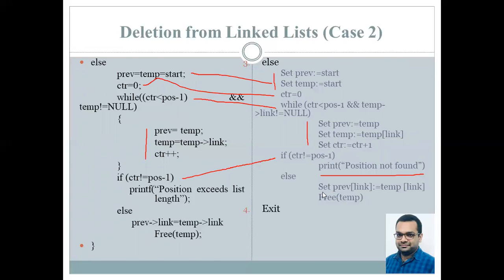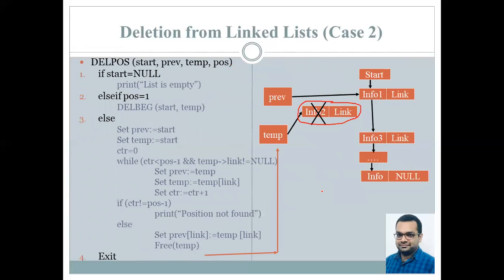Now, as I told you, returning to this concept over here, we could have actually used, and some programmers also like to use, whether temp is not equal to null as a condition instead of temp link is not equal to null. By use of this condition, we are saving one iteration of our while loop.